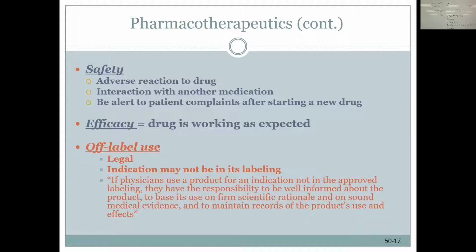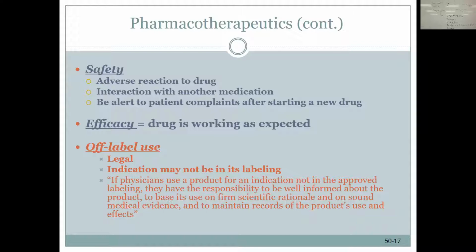In reality, there is no restriction on a doctor prescribing any drug for any purpose, for any patient, in any amount, on any schedule, by any route of administration, because medical practice is to provide information.